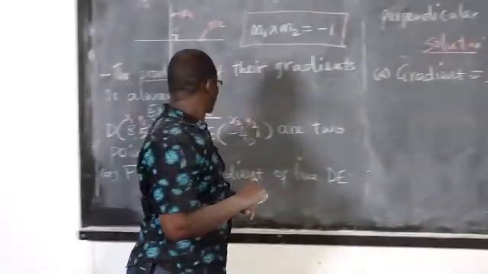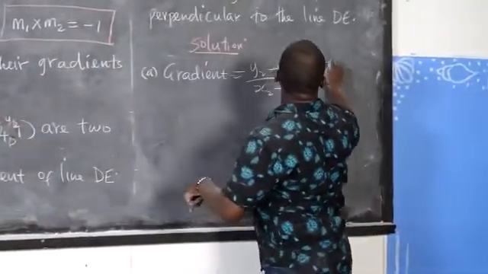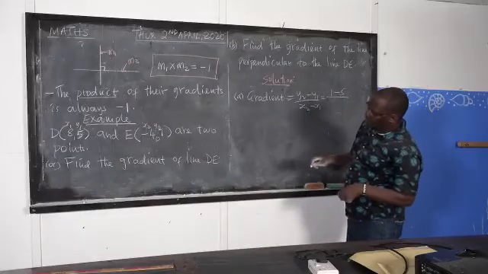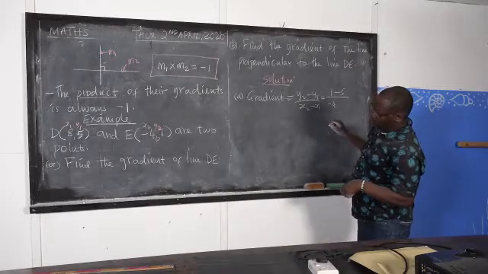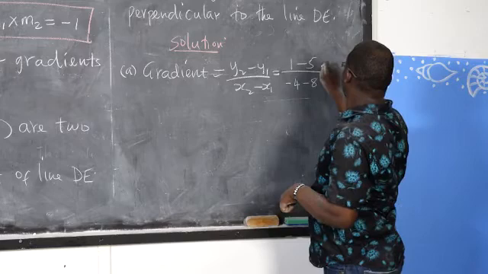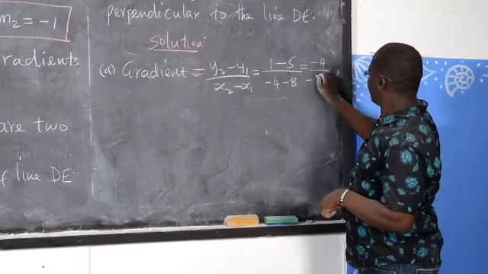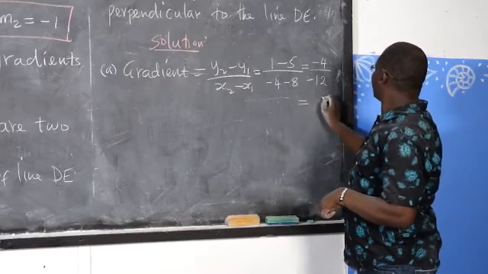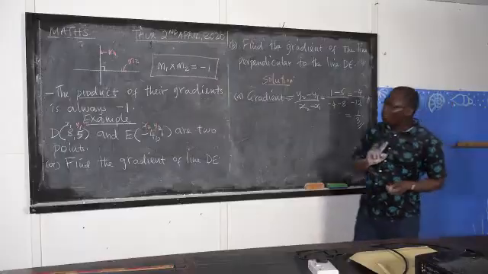So y subscript 2 is 1, so there we have 1 minus 5 over -4 minus 8. That is -4 over -12. This gives us the gradient as 1 over 3. So that's the gradient of the line DE.